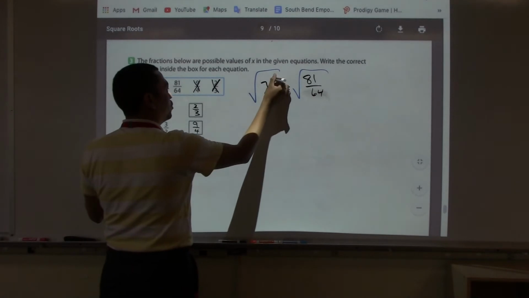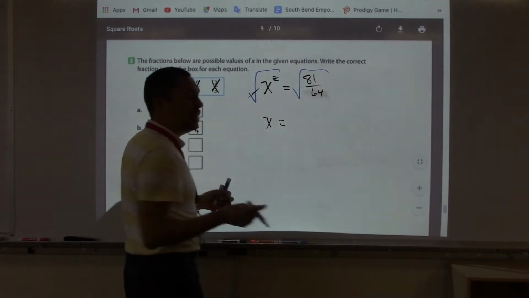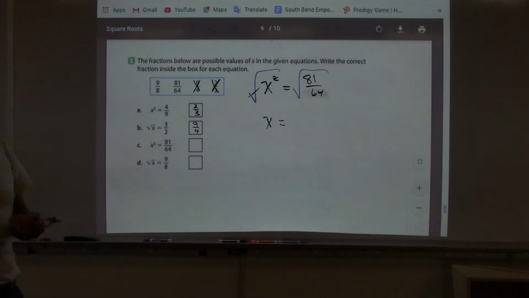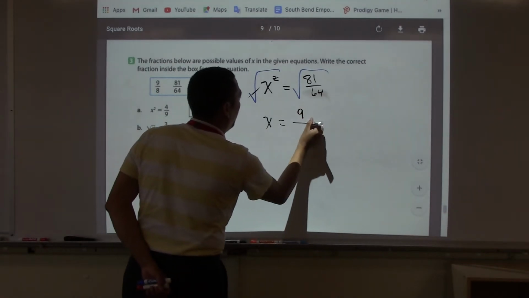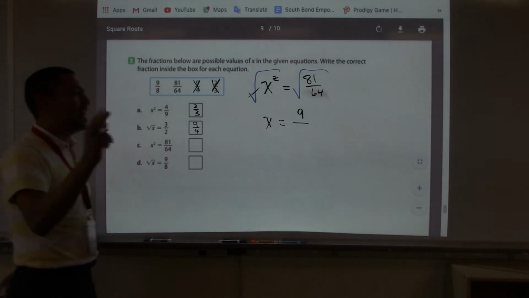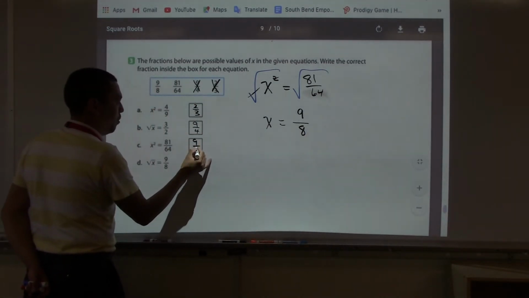And these 2 go away, so x is equal to, 81 is a perfect square. What is the square root of 81? It is 9 over the square root of 64. What is the square root of 64? 8 times 8, so it's 8. So I have 9 over 8.